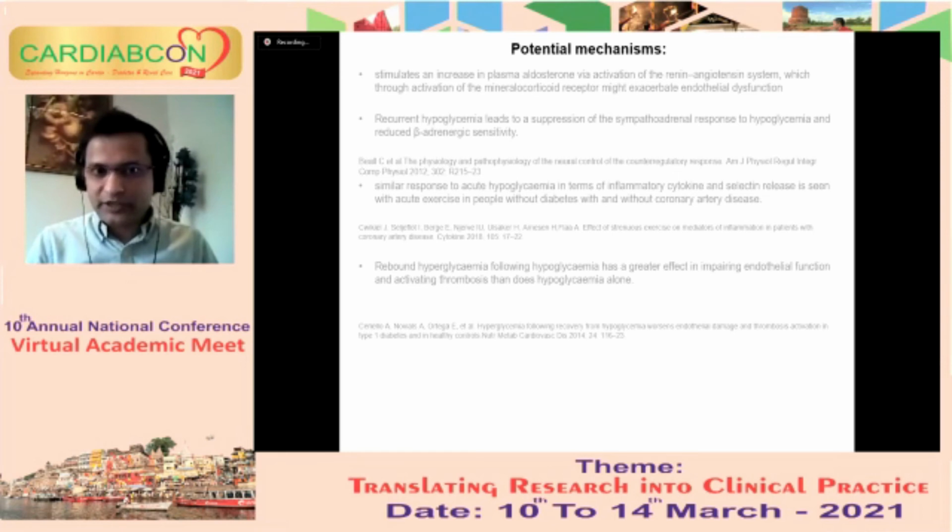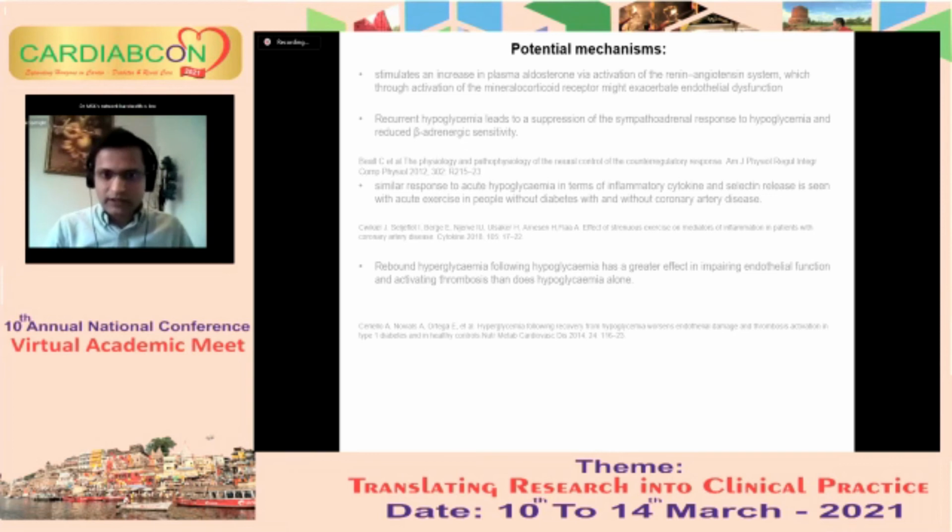And again, the beta-adrenergic sensitivity also goes down as the sympathoadrenal response gets blunted over a period of time. What is interesting to note here is that the cytokine selective release response, as I mentioned earlier, is not consistently seen in all the studies. And whether that has a role to play, and to what extent, is an area of research for the future.